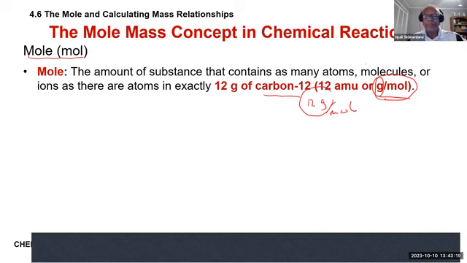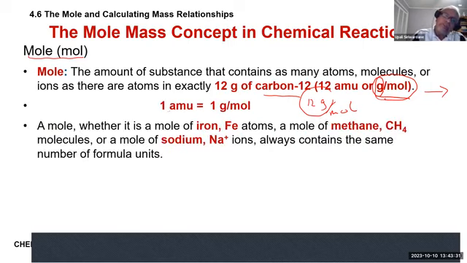That is the standard for measuring chemicals in terms of moles. We use atomic mass unit, which is the same as 1 gram per mole. Same thing, different use. We mainly use grams per mole.